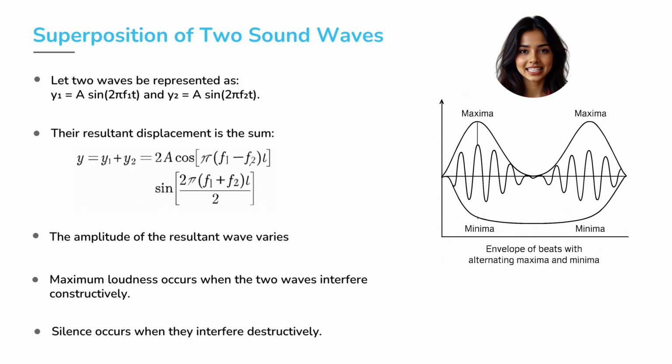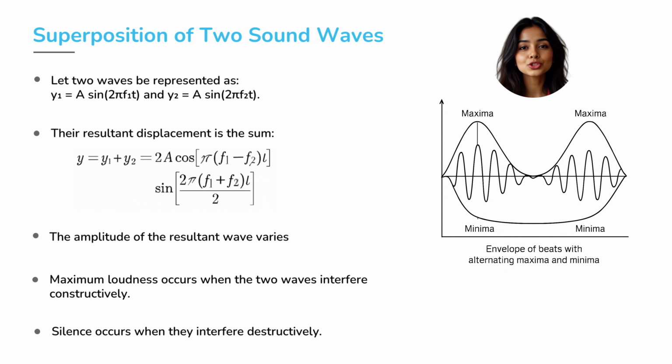Alright, let's add a little mathematics behind this beautiful effect. Suppose we have two sound waves, y1 equals a sine of 2 pi f1t and y2 equals a sine of 2 pi f2t. When both waves travel together, their displacements add up. So the total displacement is y equals y1 plus y2.